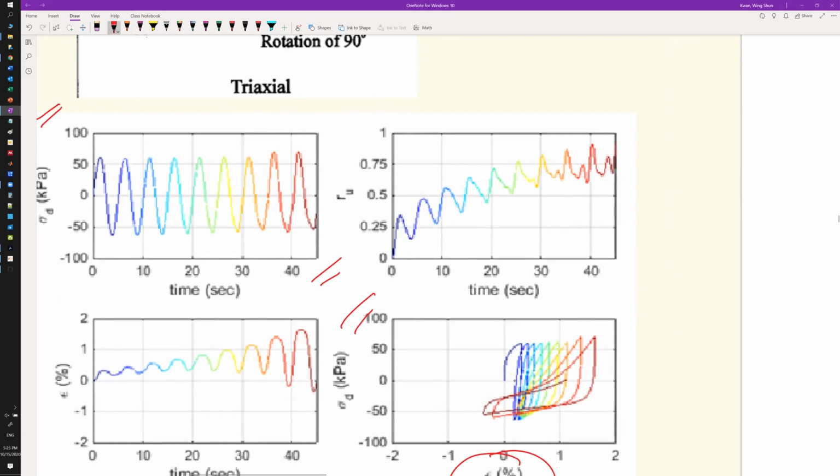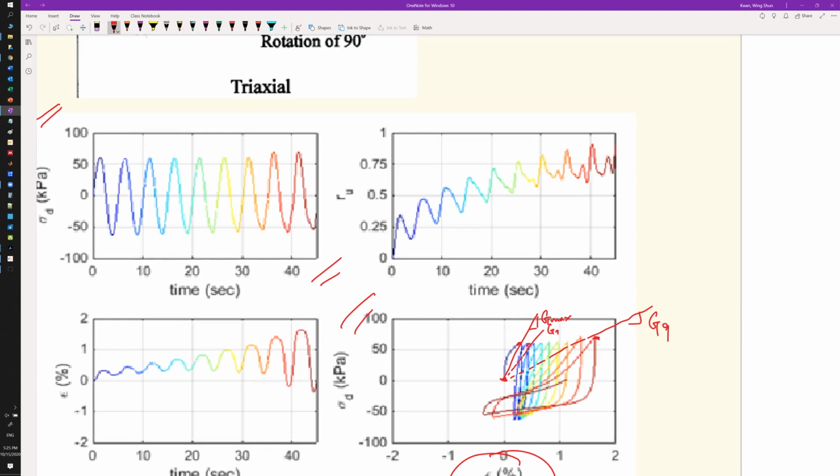So this is the origin, and this is your first G max value, and then this is your later one, G1, and so on and so on, and this is your last. So this is 1, 2, 3, 4, 5, 6, 7, 8, 9 cycles of it.